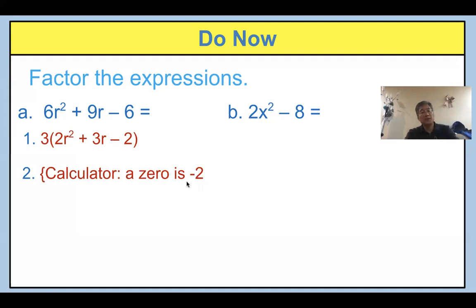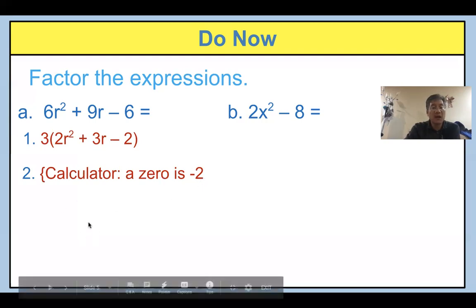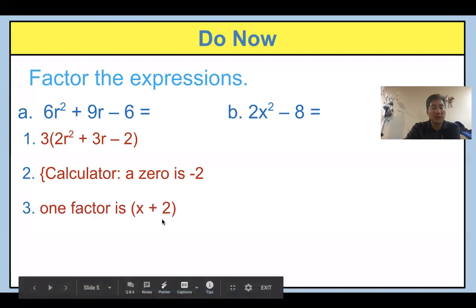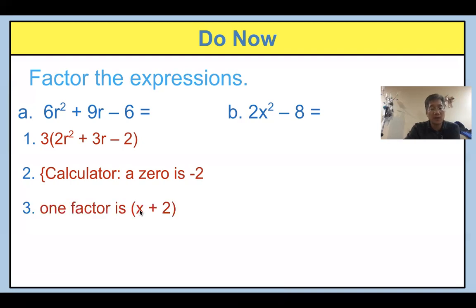Then if the zero is negative 2, you find the factor, right? One factor is, what is it? R minus 2? No, it's the opposite, so R plus 2, right? Sorry about the typo. It's not X, it's R. R plus 2.